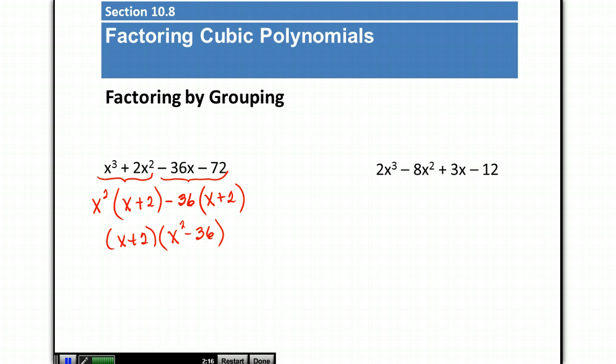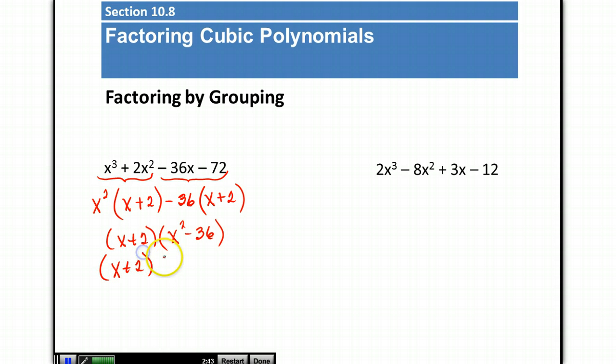Now in our factoring by grouping, if you look at this remaining binomial, this binomial is a special binomial. What is he called? A difference of 2 squares, which means he has to be factored into 2 binomials.